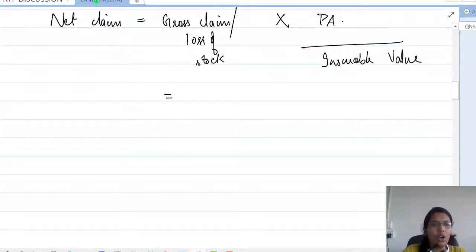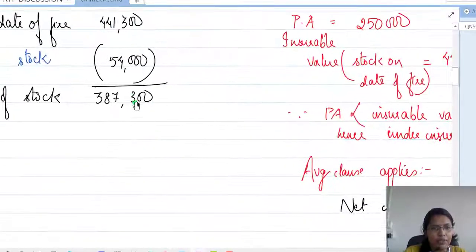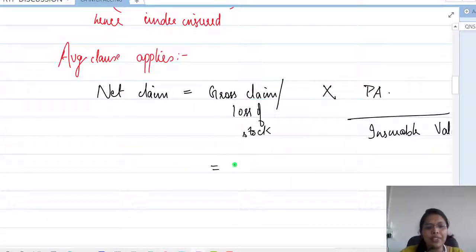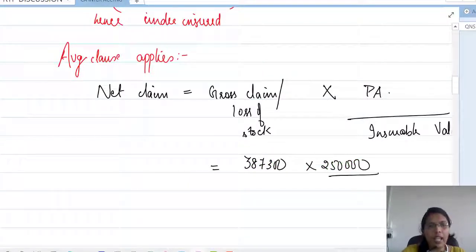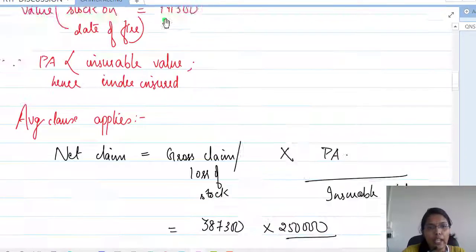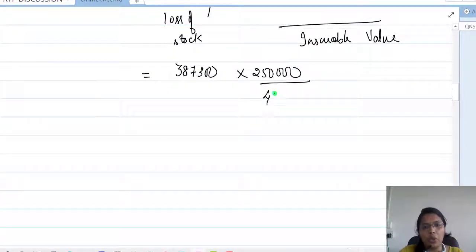And the gross claim or gross loss of stock that we have found out in the previous step is 3,87,300. The policy amount was 2,50,000 and the insurable value was 4,41,300.